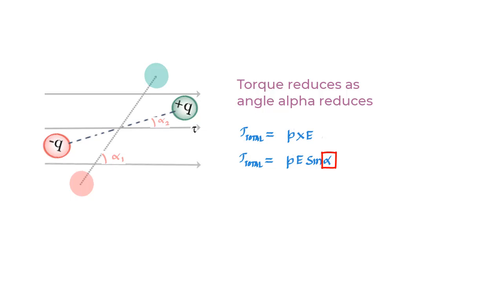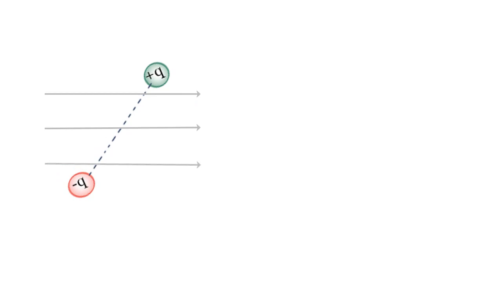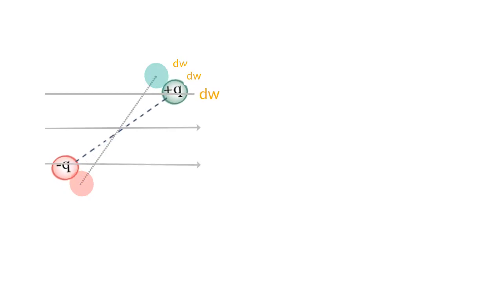So we cannot really put work done as some single known value of torque multiplied by alpha. So what we do is use integral calculus and try to add up the tiny magnitude of work that happens every time the dipole moves a very small angle between alpha 1 and alpha 2.